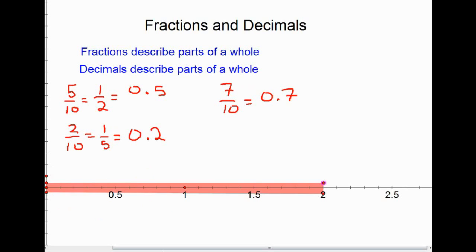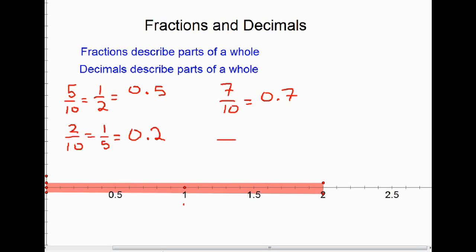Well, let's look at an example where I draw a piece that's that big. So the first thing we have to remember when we have a diagram that's more than a whole is that in the denominator we always put how many pieces each whole is broken into.